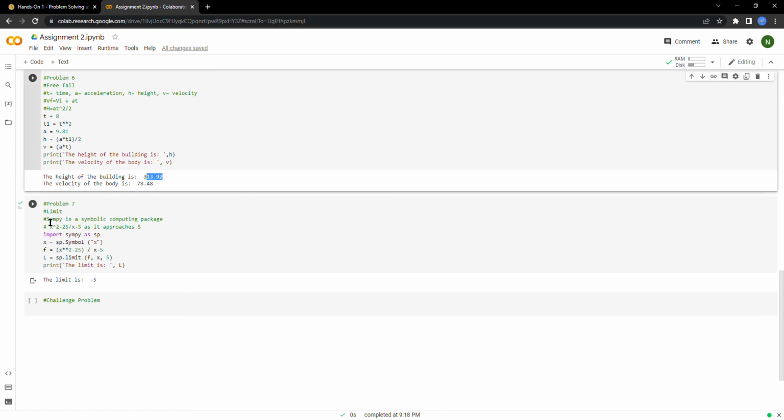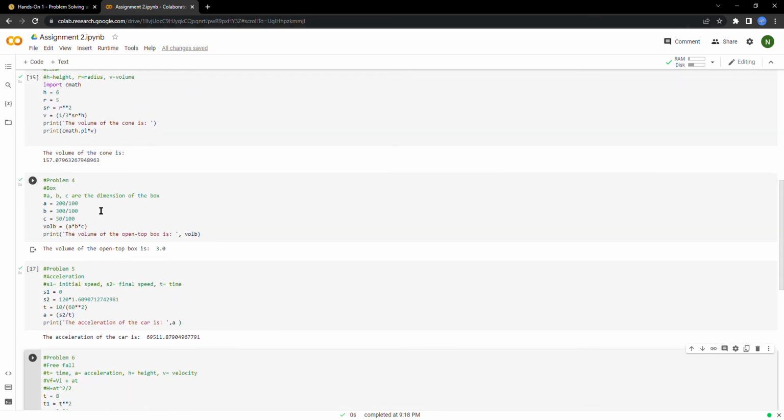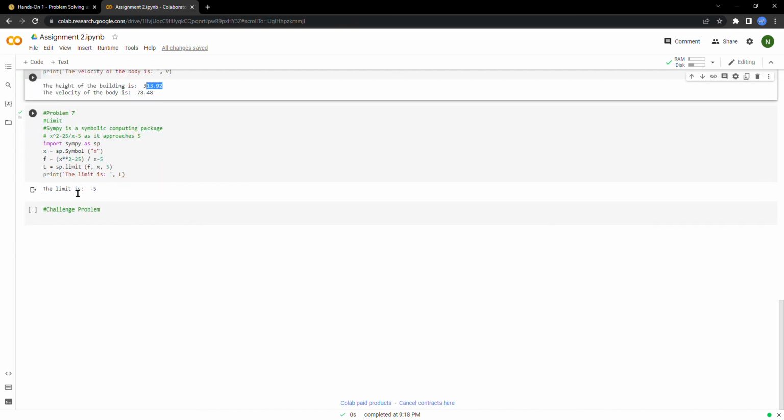For the last problem, we're solving for a limit. I'm using SymPy here, because SymPy is also a symbolic computing package, same as CMath and Math, and many more.